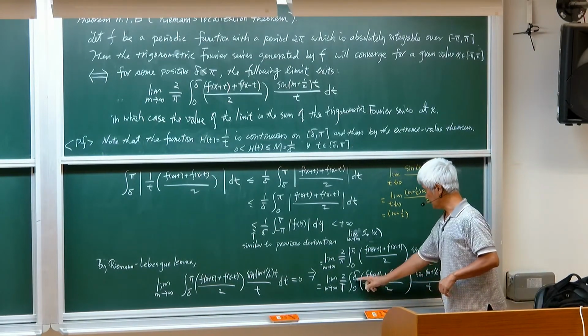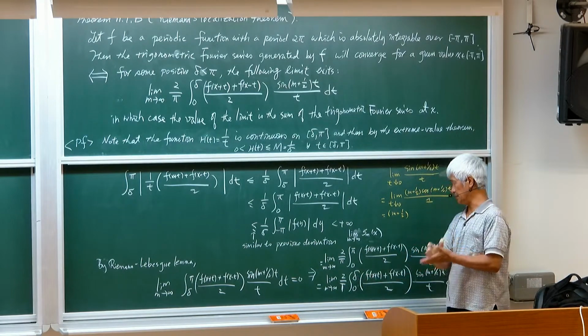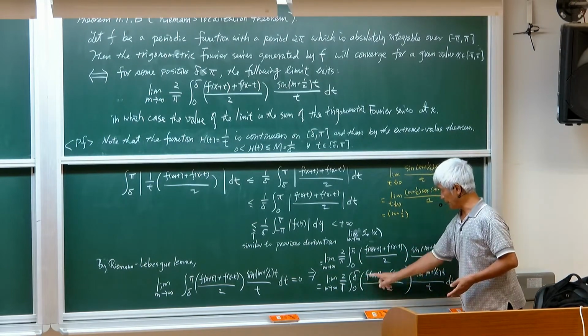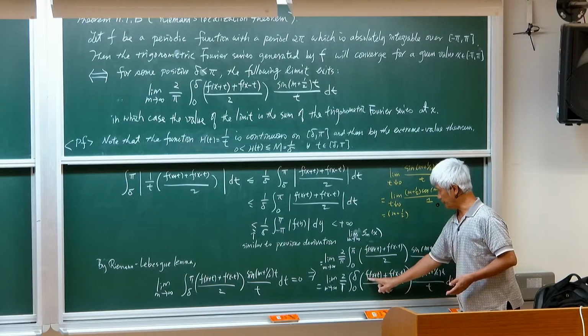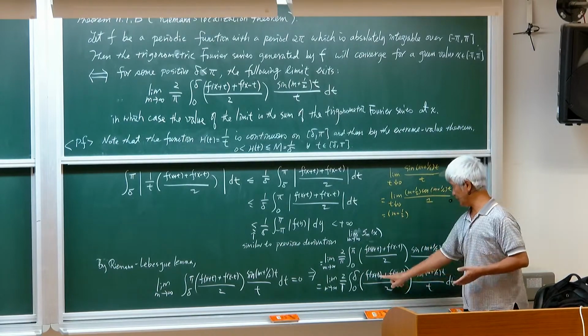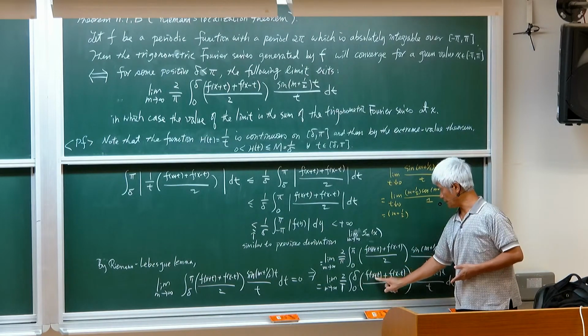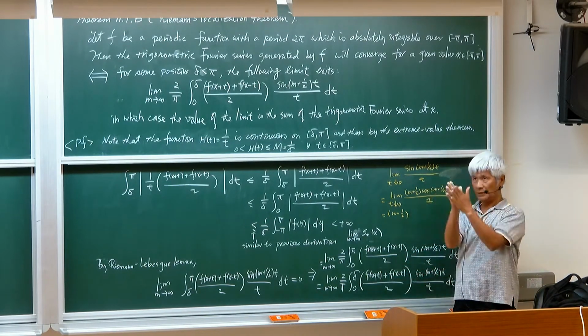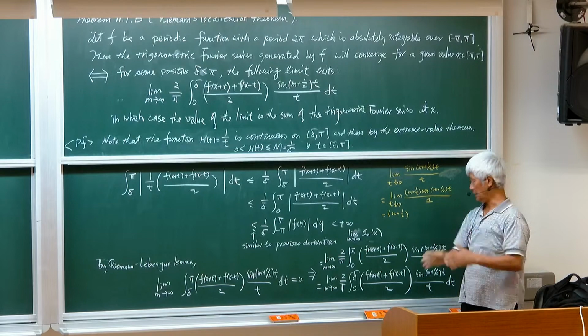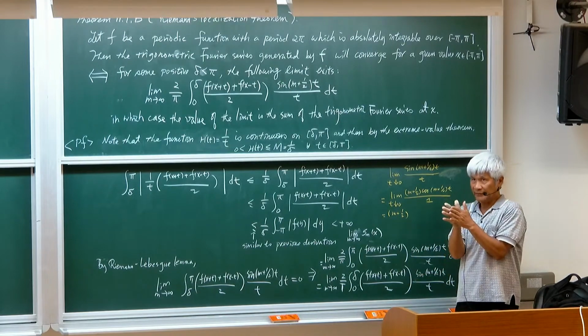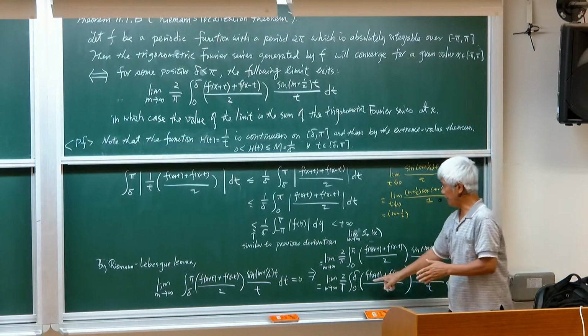As delta is very close to 0, the integration depends on the behavior of f at x, because t is very close to 0. So f of x plus t is about f of x, and this is also about f of x, and you take the average.